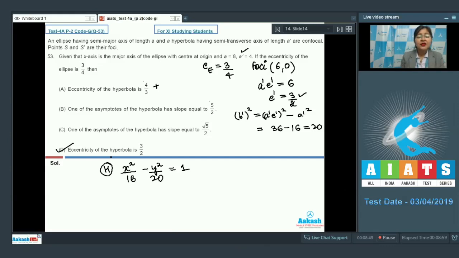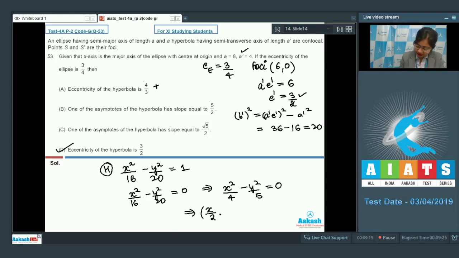Now we can find the equation of the asymptotes by putting x square by 16 minus y square by 20 equal to 0, right? Now cancelling by 1 by 4, we will get x square by 4 minus y square upon 5 equal to 0. Now it is of the form a square minus b square equal to 0.